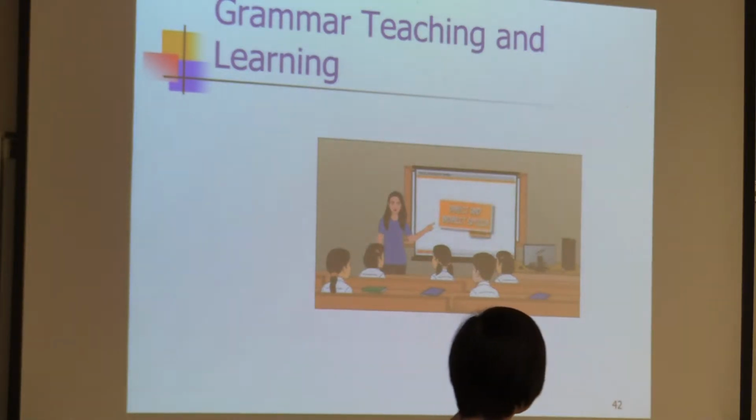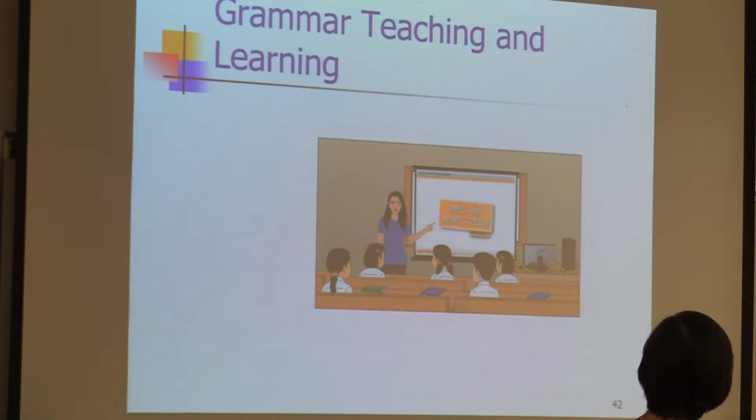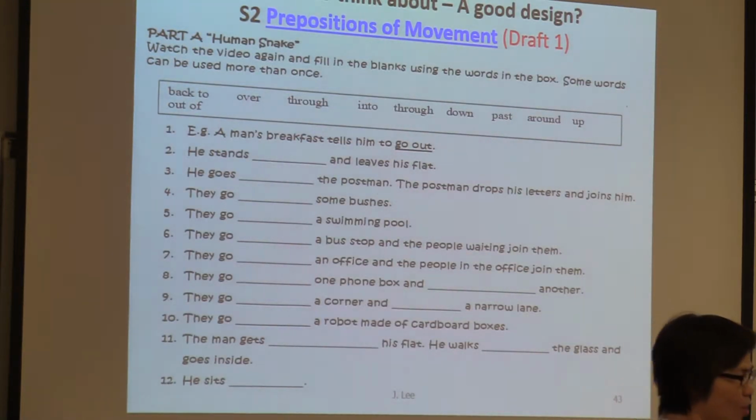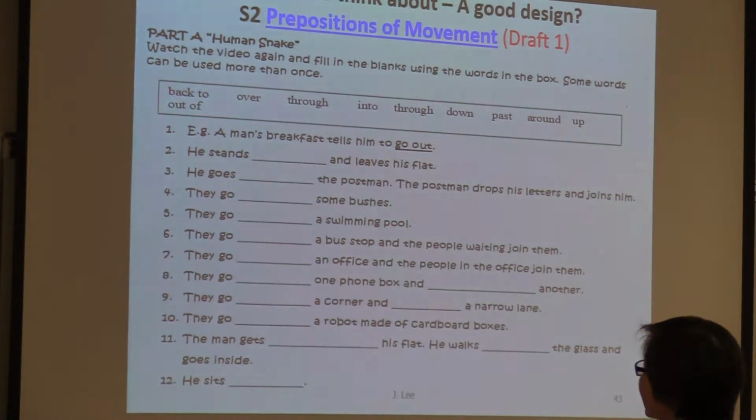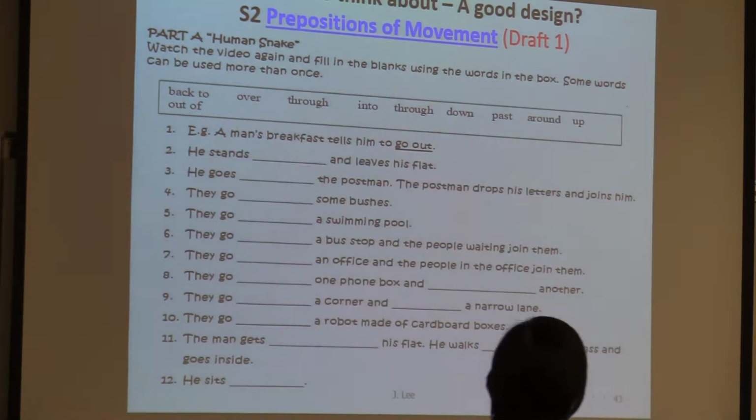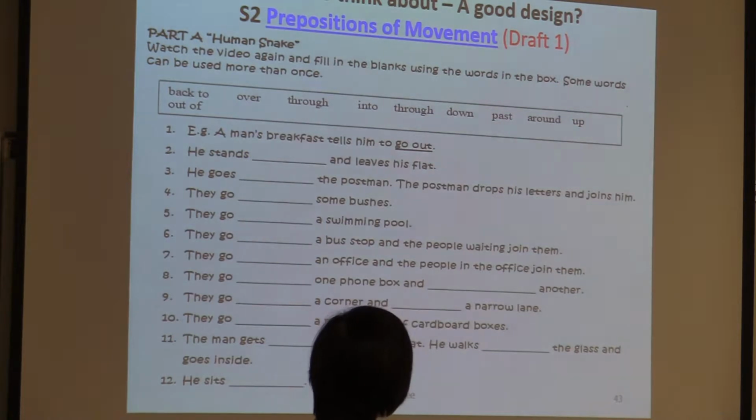So, let's get back to grammar teaching and learning now. Well, this is a real lesson plan written by my former student, teaching prepositions of movement for secondary 2 students. Part A, human snake. Watch the video and fill in the blanks using the words in the box.